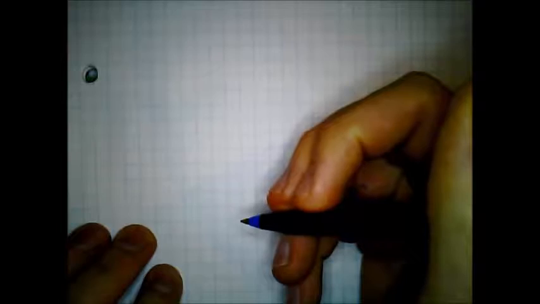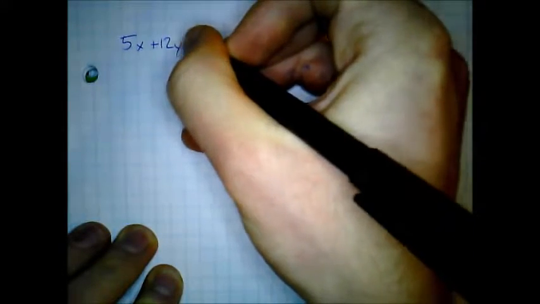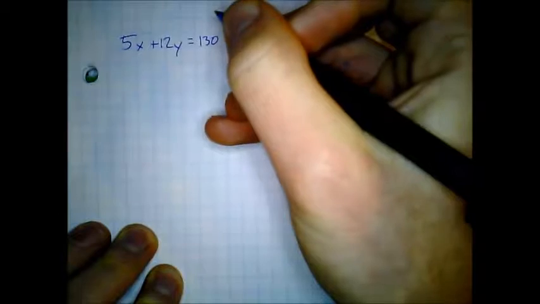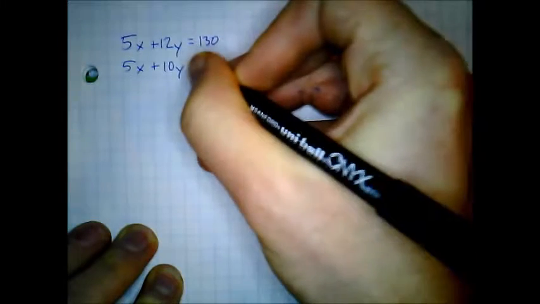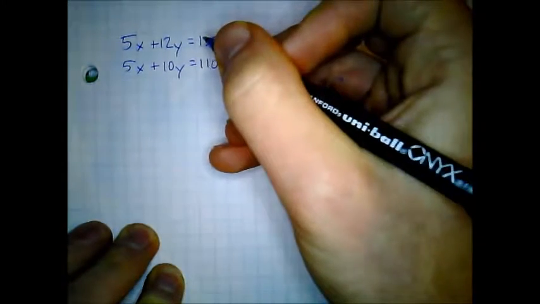So now it's your turn. You're going to get two examples. You're going to try them on your own, and you're going to press pause to check your work, or do your work and press play to check it. So we have 5x plus 12y equals 130, 5x plus 10y equals 110.